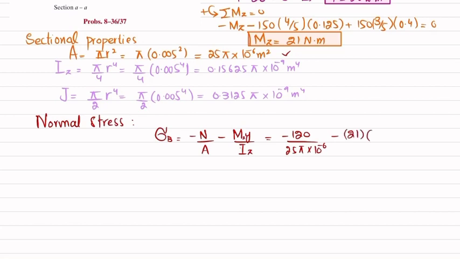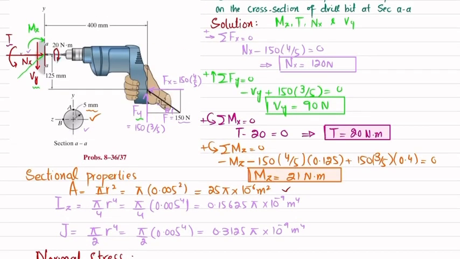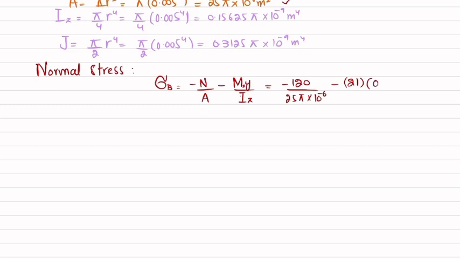What is Y? Y is the distance from the neutral axis. This is point B and this is the neutral axis. So Y will be equal to 0, so 0 divided by Iz.